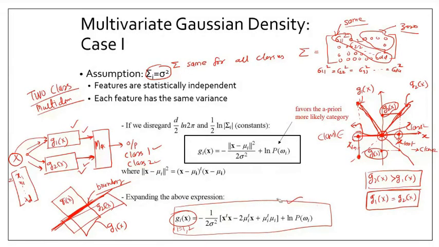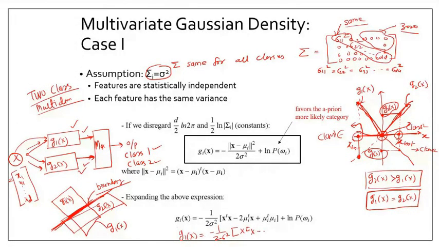So if I write it here itself, this will be G1(X) is minus 1 by twice sigma square into (X transpose X minus 2 mu1 transpose X plus mu1 transpose mu1), plus log of probability of omega 1.